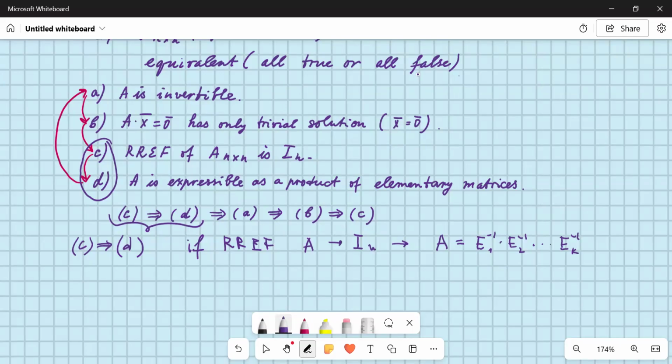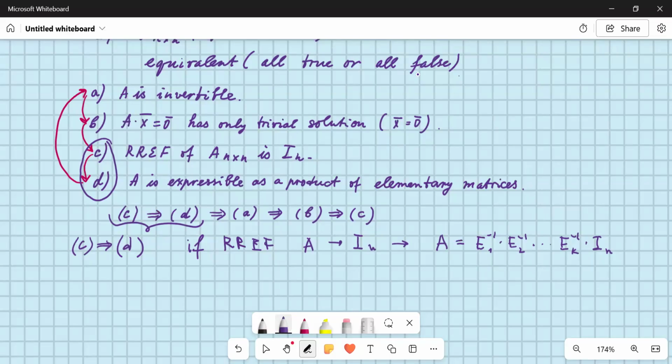We just know that if you can bring A to the identity matrix by row operations, then you can write A as a product of inverses of these. Well, in our proof, actually, we had this identity, right? You probably still remember the proof. I was just doing these operations and then multiplying by inverses. So that's the first part. It's expressible as a product, right?